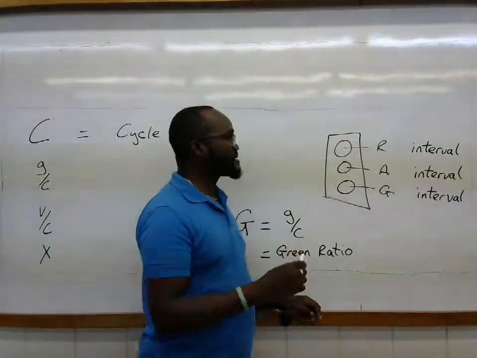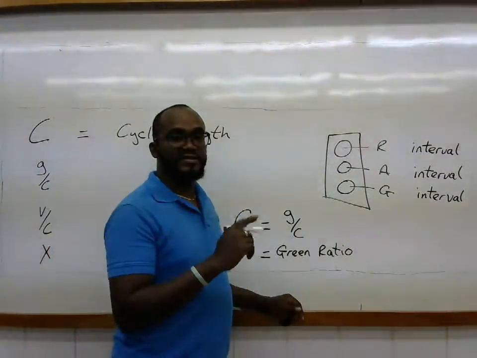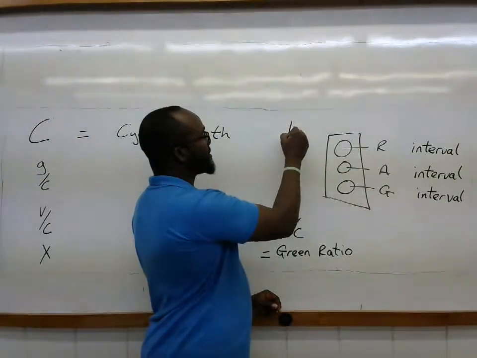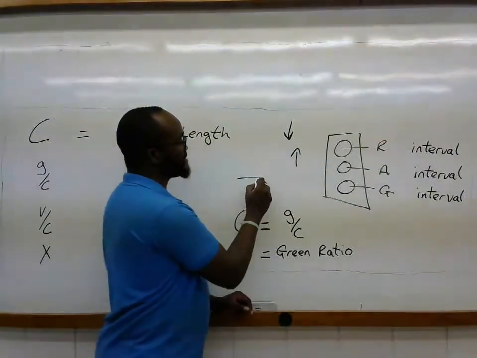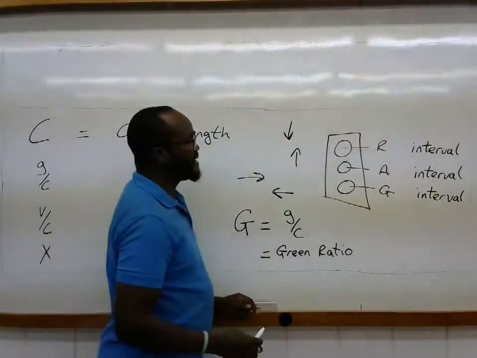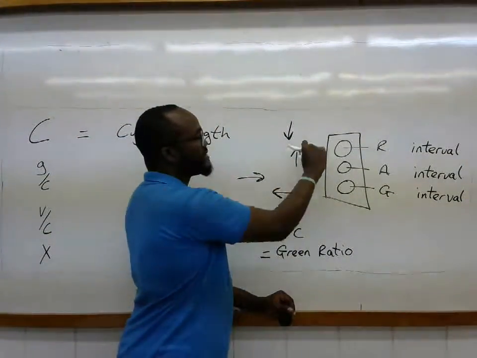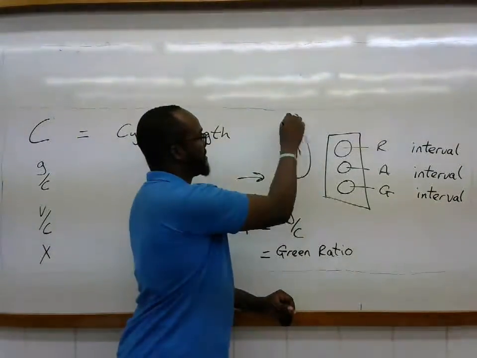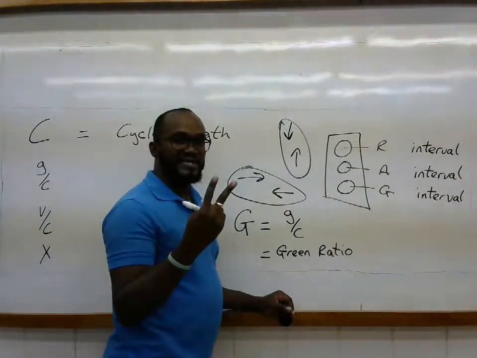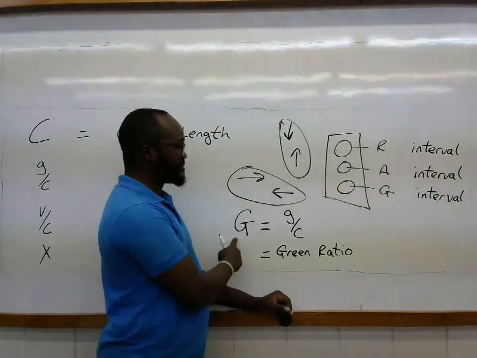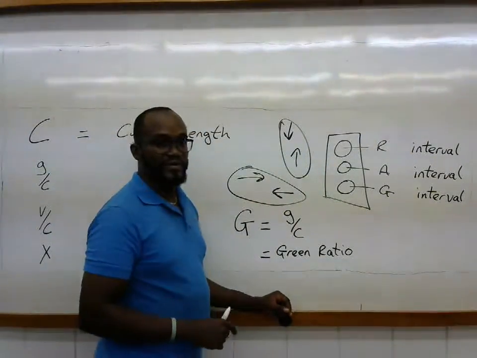So in the case of our signalized intersection at Macoya and the priority bus route, we have two phases. One phase that allows north-south movements to proceed, and another phase that allows east to west movements to proceed. So we will have two green values, one for the north-south direction and another for the east-west direction. So we will expect to have two green ratios. Again, one for the north-south and one for the east-west.